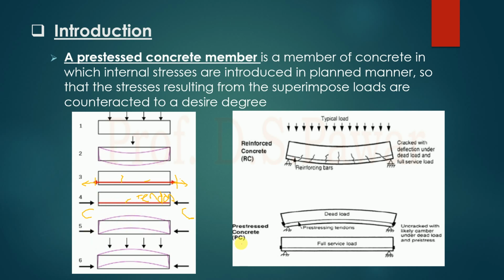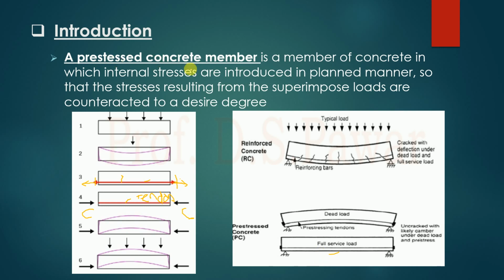And if you can see this diagram, if there is no tension, we have used the reinforcement in RCC where there is tension. In that part we have provided the steel. But when the section doesn't have any tension, there is no need of reinforcement.